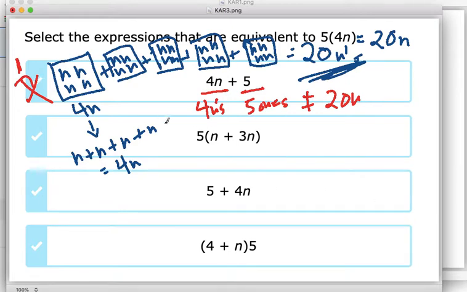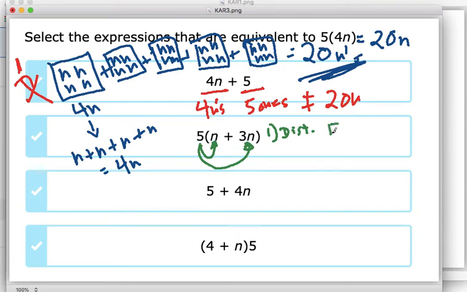The next one, 5 times n plus 3n. This looks a little interesting. There's 2 ways you could do it. We're actually going to go green again. So the first way is to use the distributive property, which you go 5 times n, and then you go 5 plus 5 times 3n.